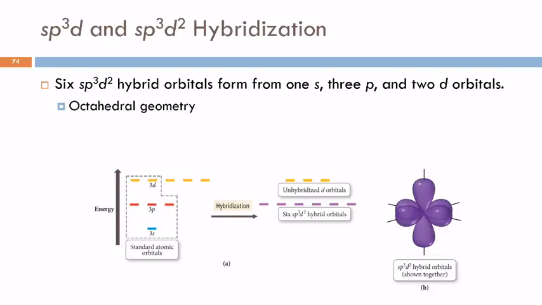We can also pull in 2 d orbitals. If you pull in 2 d orbitals, now you're getting 6. They're called sp3d2. 6 equivalent orbitals make this octahedral shape. They're going to spread out equally in 3-dimensional space. And then each of these can overlap, can make a sigma bond with something else.